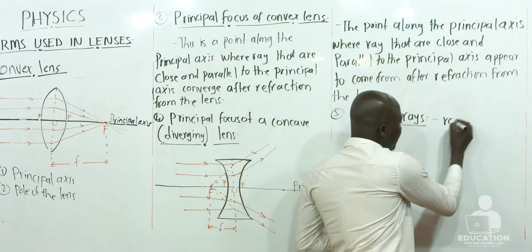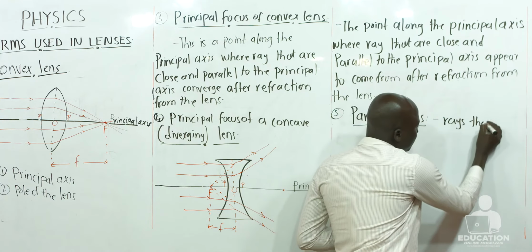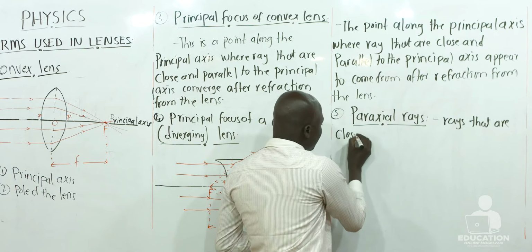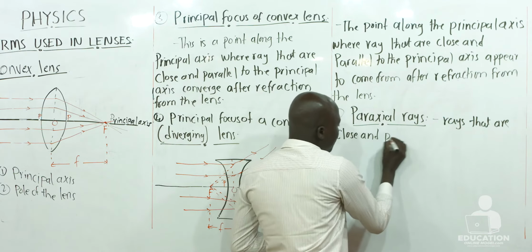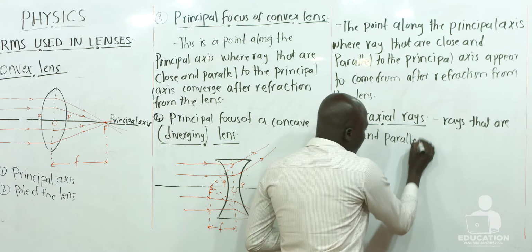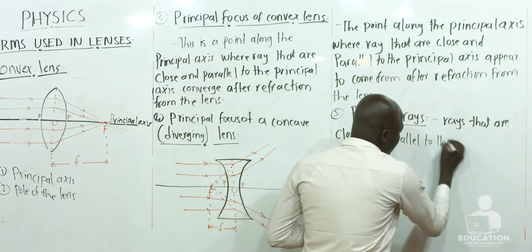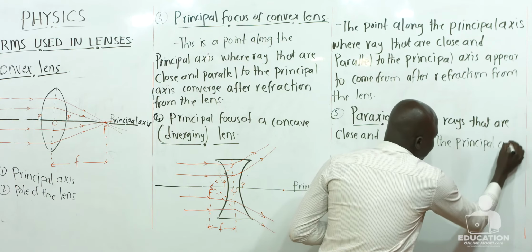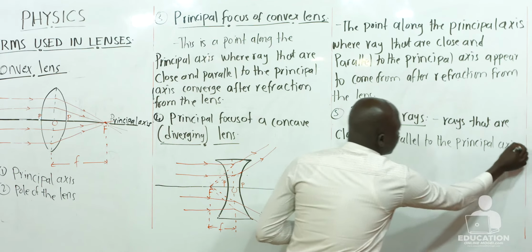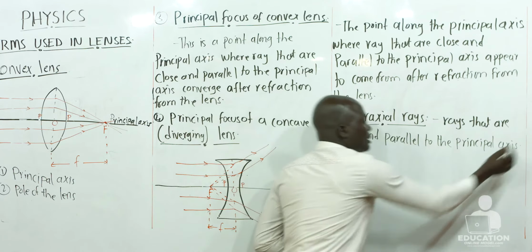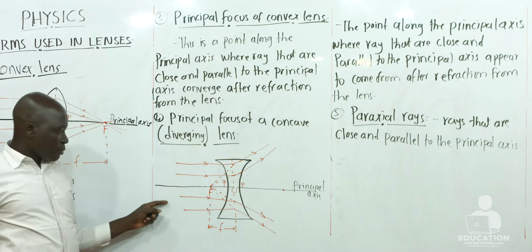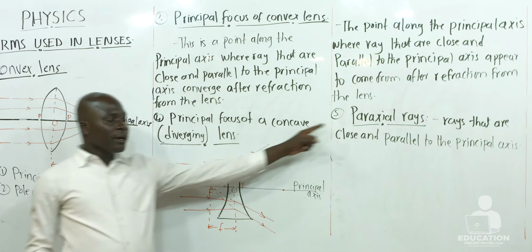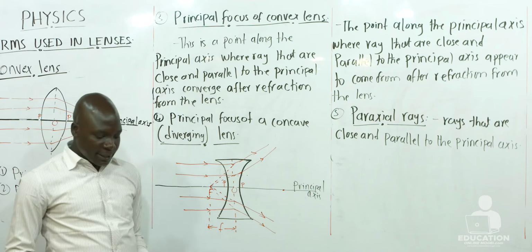Rays that are close and parallel to the principal axis are called the paraxial rays.